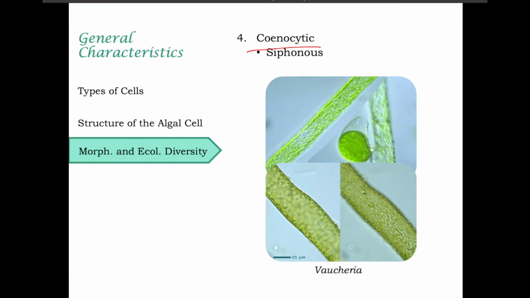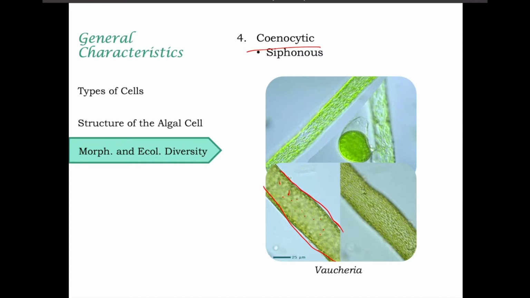The coenocyte or the siphonous organism usually has a large multinucleated cell, and since they lack that transverse cell wall, these organisms usually just look like a continuous line of aggregates of nuclei that are not divided by a cell wall.